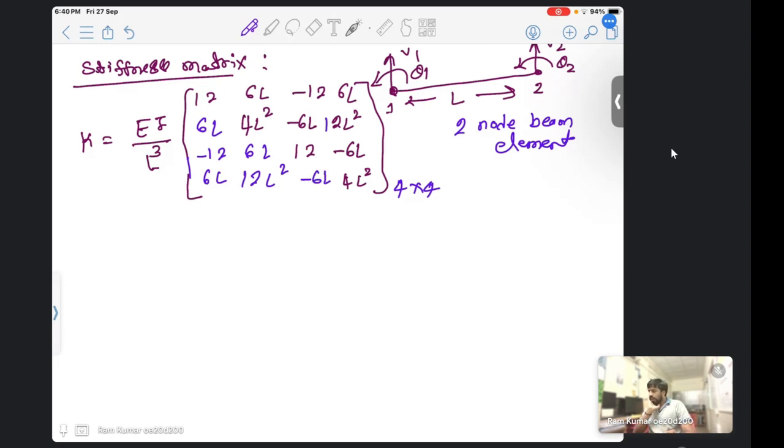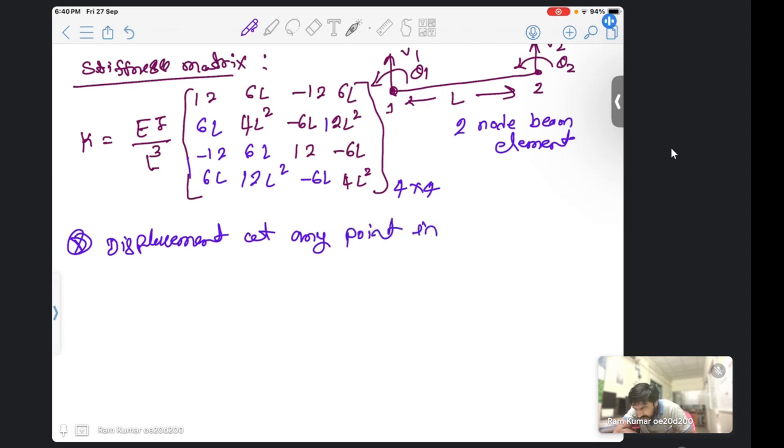Okay, then we will solve one problem that will be easy. One more thing I just want to highlight here: displacement at any point in the element.